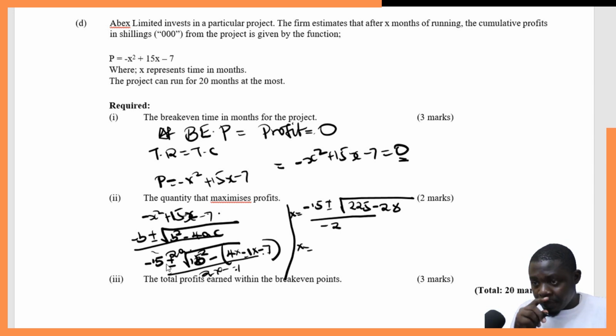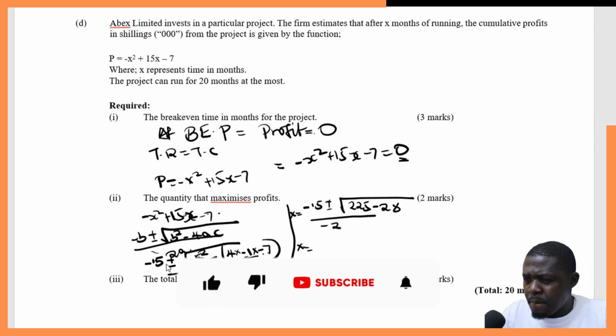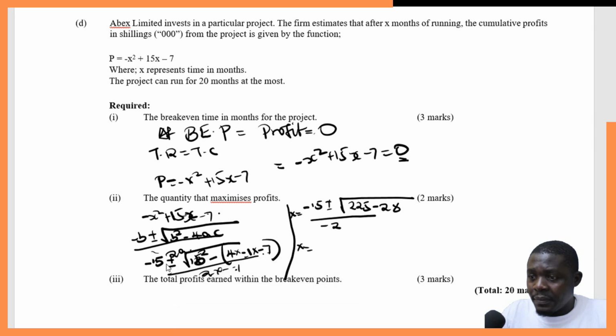X alone, we can say that it's going to be negative 15 plus or minus, that is 225 minus 28.